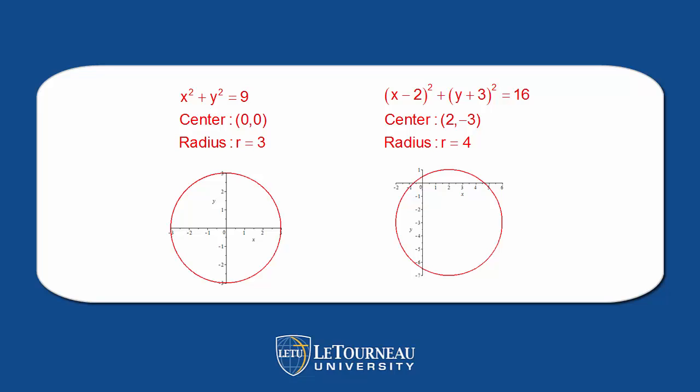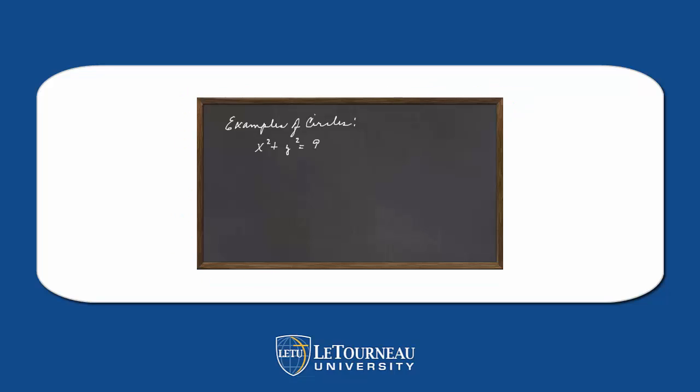Now let's practice finding some radius and centers. In this case, the center would be at (0, 0), and the radius would be the square root of 9, so r would equal 3. That one's easy. Let's look at this one. (x minus 2) squared plus (y plus 3) squared equals 16.